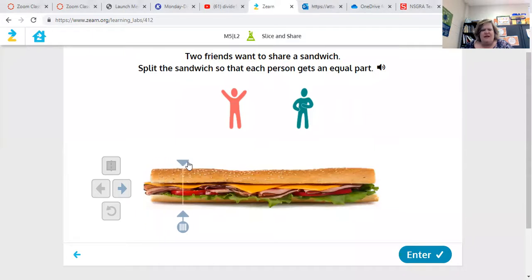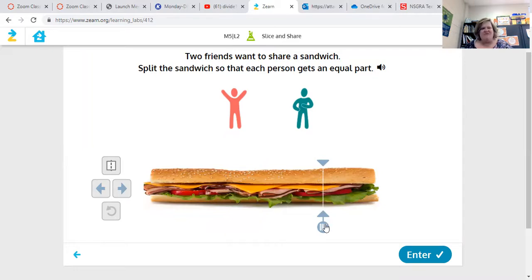So here's our line. If I put it right here, does that look like this person is going to get just as much as the blue person? No, that little person would only get a tiny slice. That would not be fair. What if I moved it way over here for the red person and said this was going to be the red person slice and this was going to be the blue person slice?